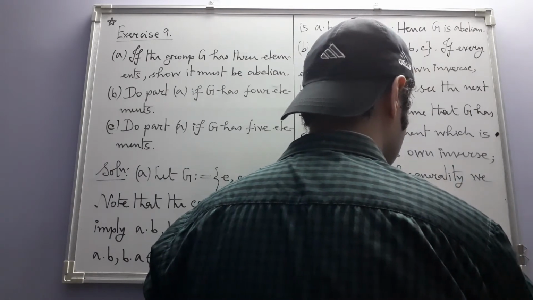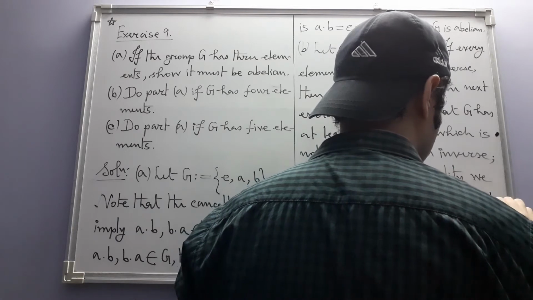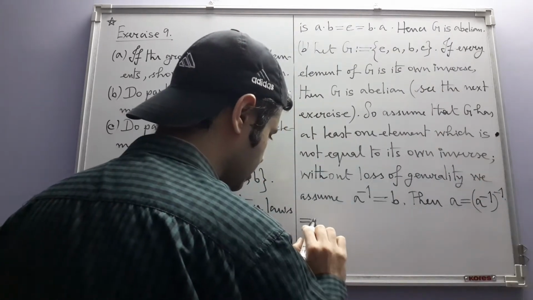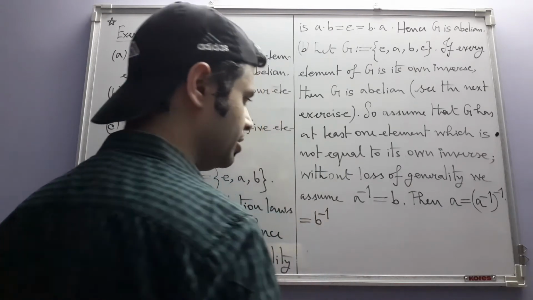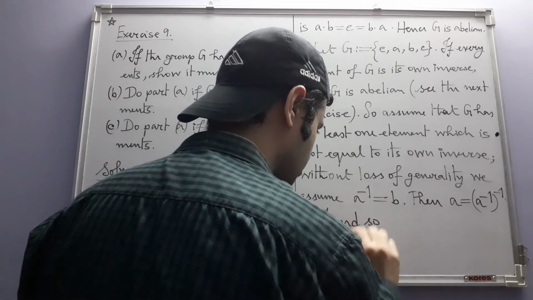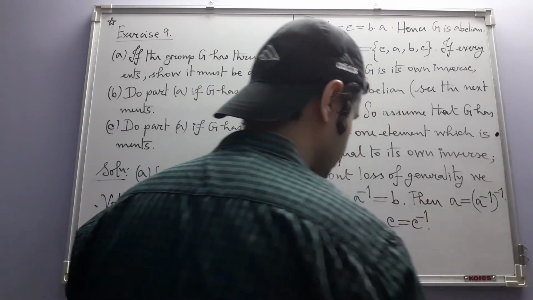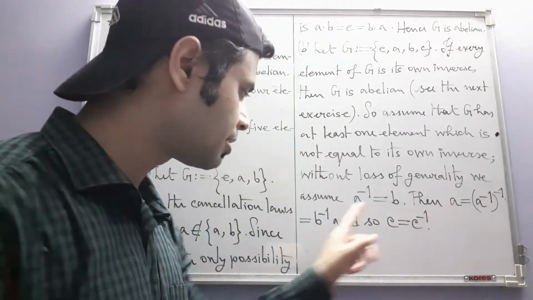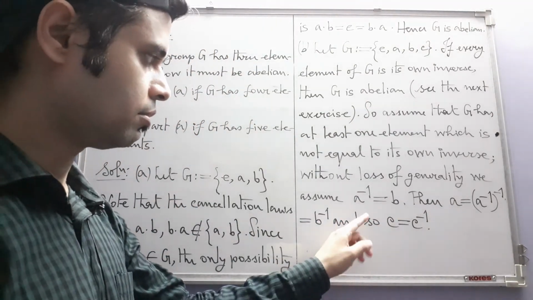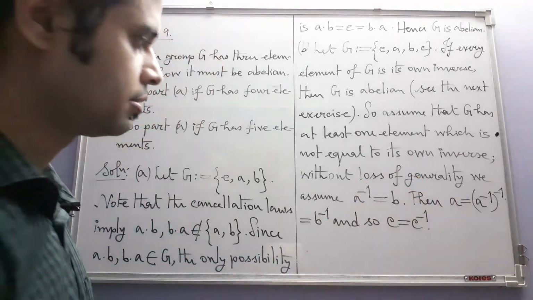Then A is equal to A inverse whole inverse, that is equal to B inverse, and so C is equal to C inverse. Now this part we understand, it is coming from this assumption, but why is this coming? Because of these things. Let us see.